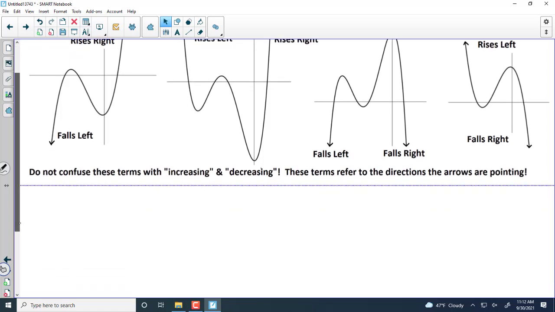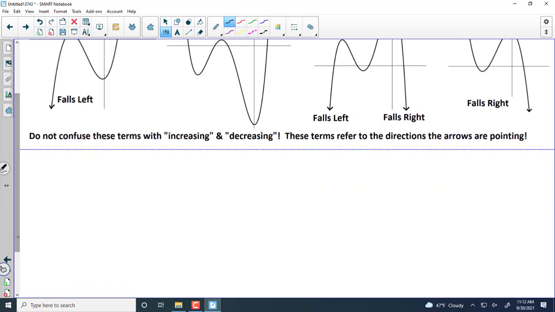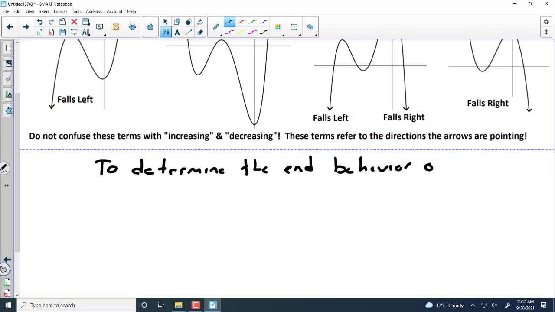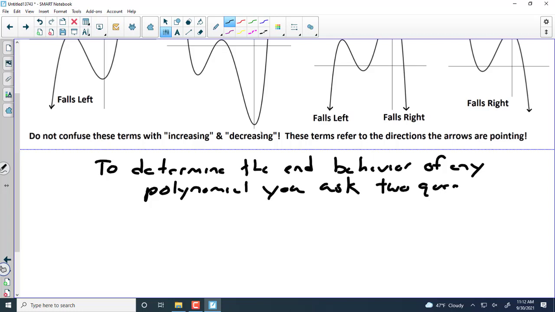And it turns out, class, to determine the end behavior of any polynomial, you ask 2 questions.